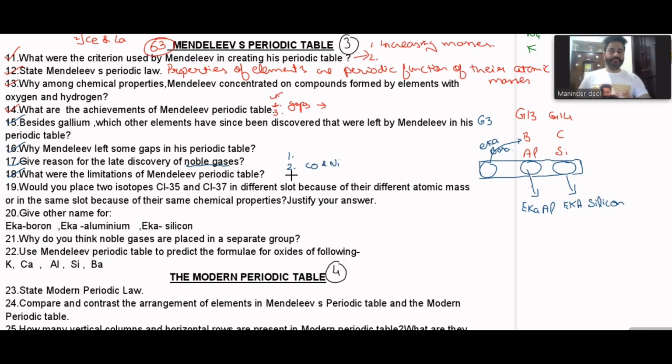The third limitation is isotopes. Isotopes were not discovered at the time of Mendeleev; they were discovered very late. Isotopes have the same atomic number but different mass number. So as isotopes have different mass numbers, all isotopes should get different positions in his periodic table.